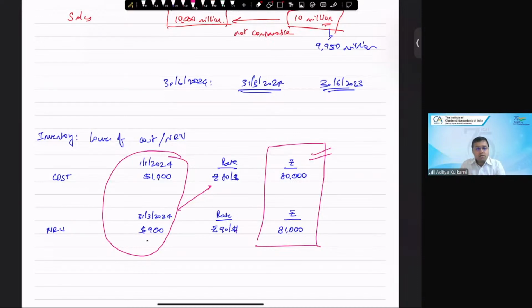What is my fundamental? Journal entries कौन से currency में होने हैं? Functional currency, that's INR. And when your journal entries are happening in the functional currency of INR, there is no NRV drop happening in this case. So will I take any NRV entry for this? Answer is no, you will not take any NRV adjustment entry for this.